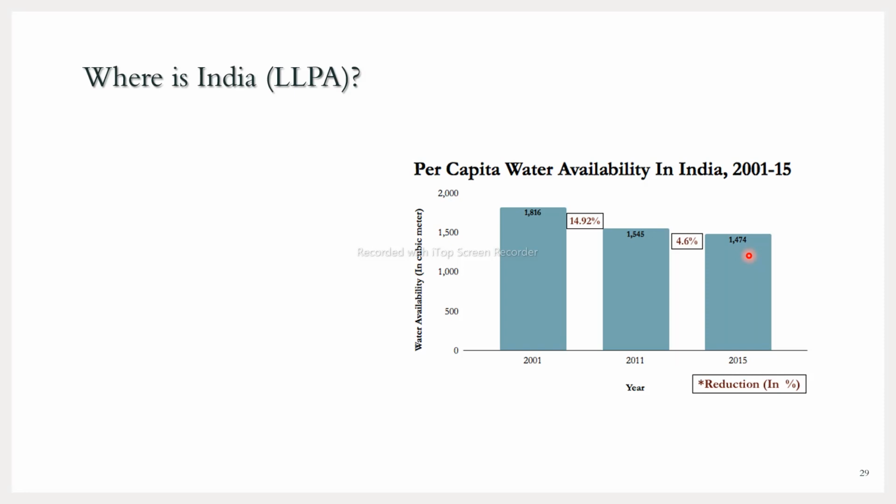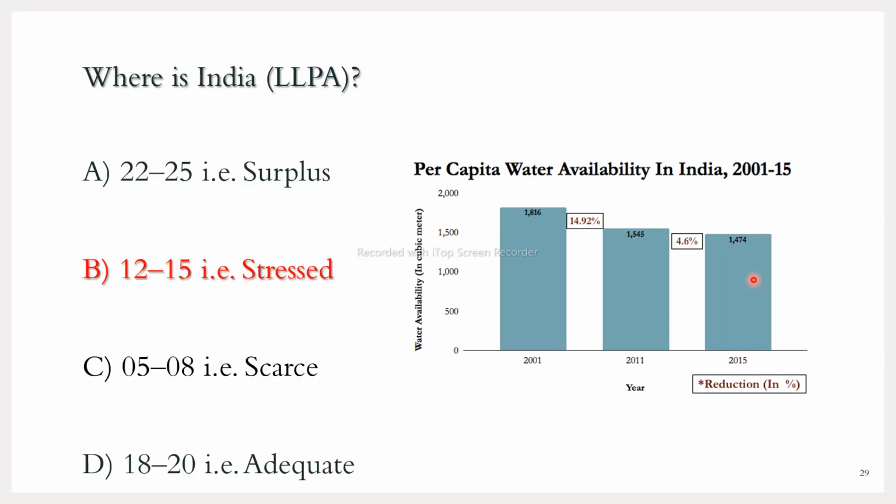But the rate of population growth is more than the rate of finding new sources of water. That is the main reason the per capita water availability in India is being reduced. Currently it is in the 12 to 15 range, so whoever gave option B is correct. It is in the water stressed region.